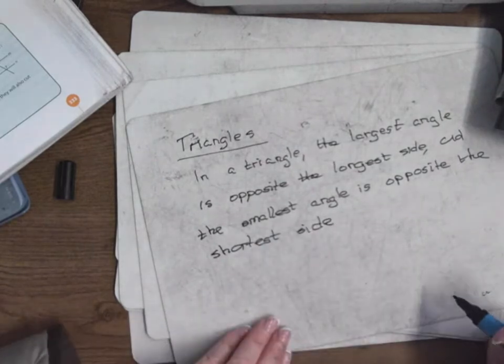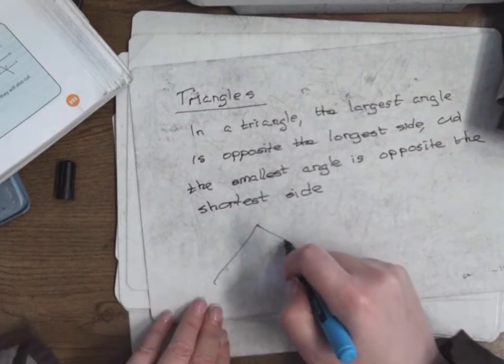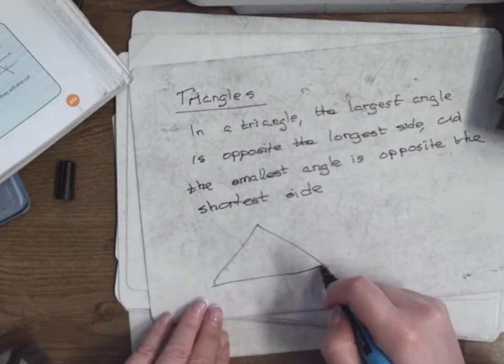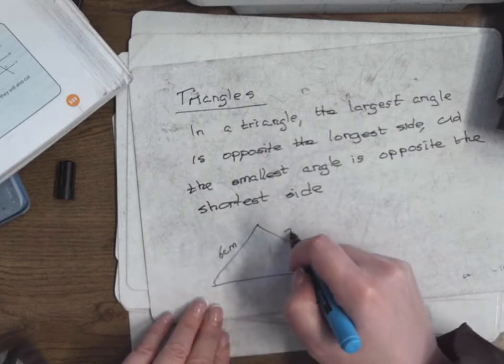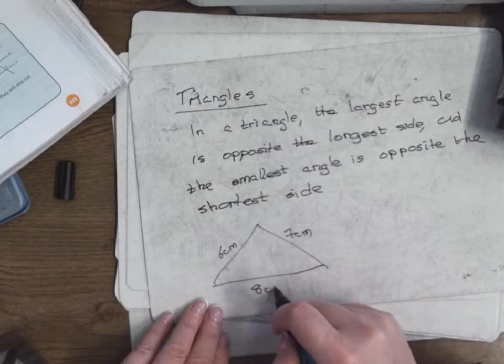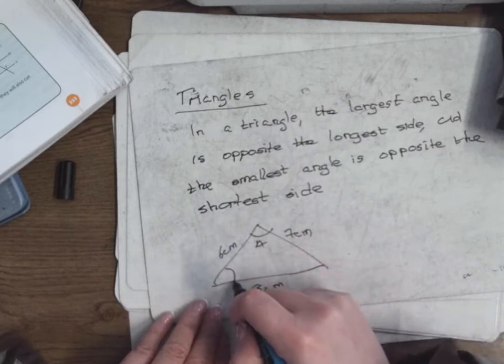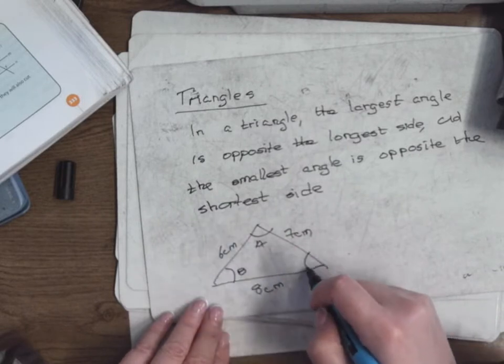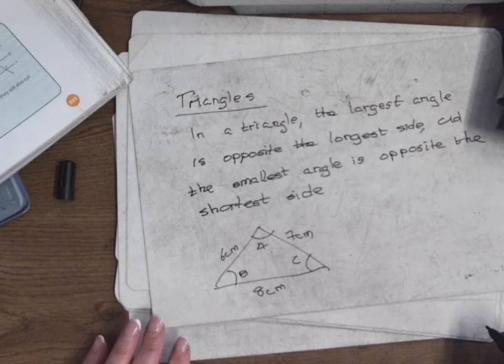Okay, so basically, if I have a triangle and I say this side measures 6 centimeters, this side measures 7 centimeters, this side measures 8 centimeters, and I have three angles A, B, and C. Now, I'm not asking what they measure, but I'm asking for which is the largest angle.